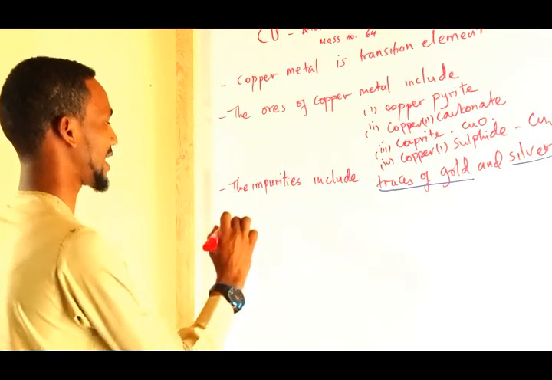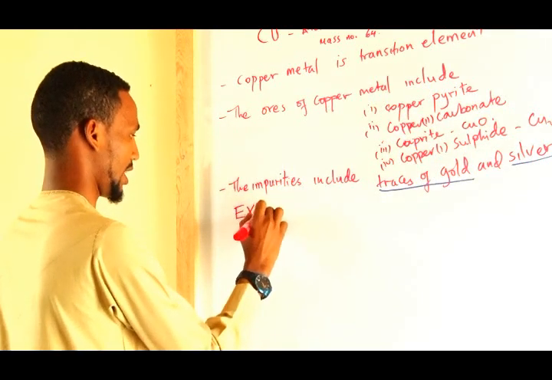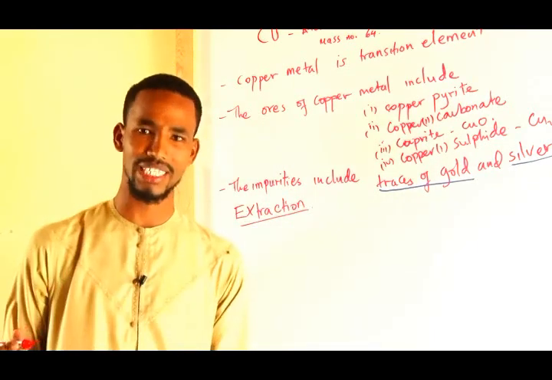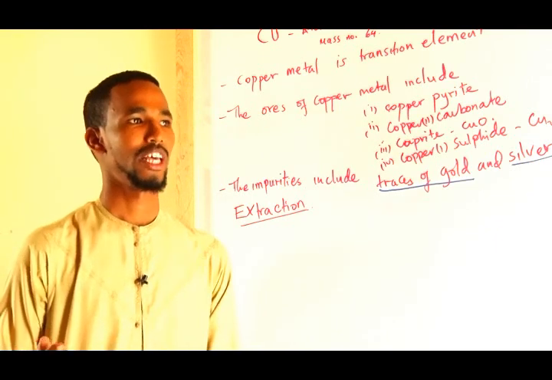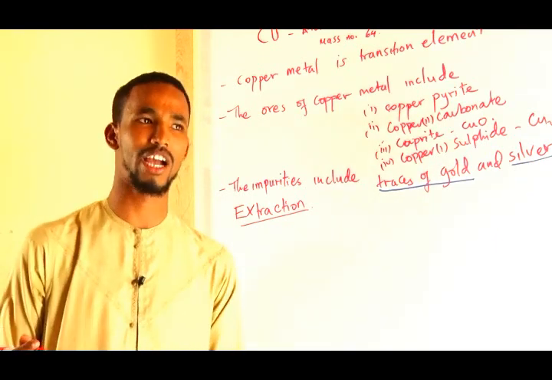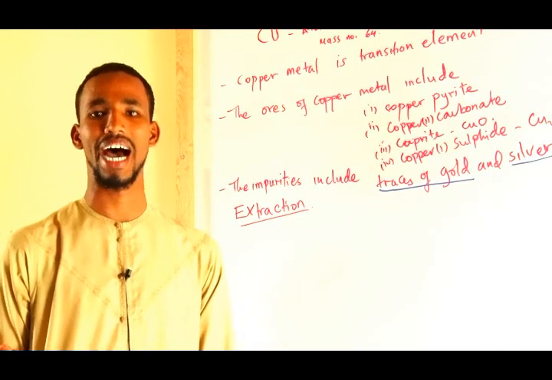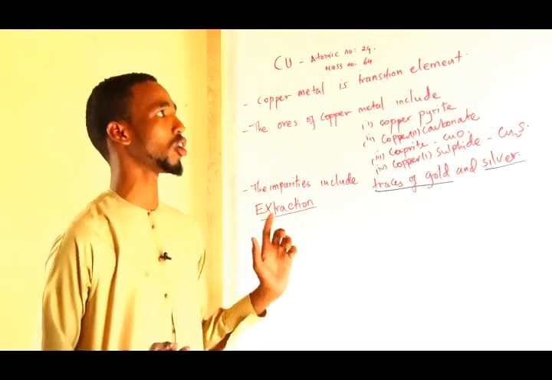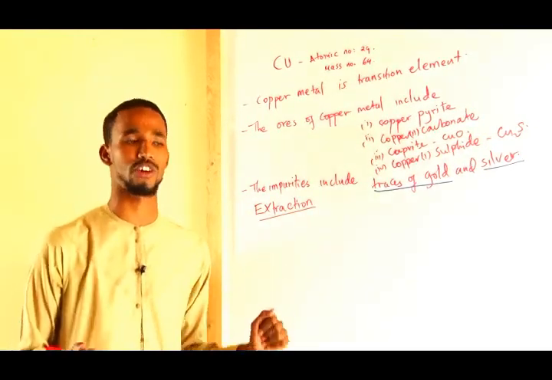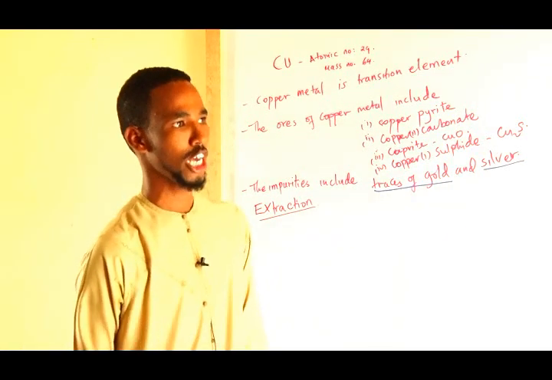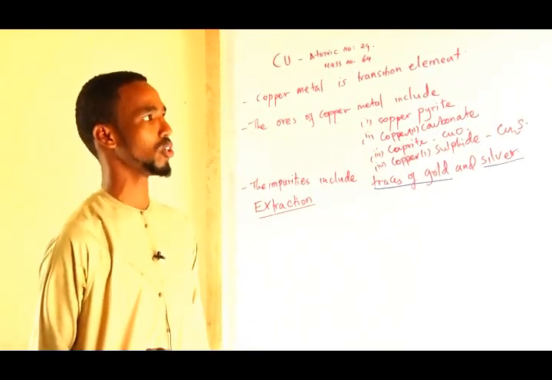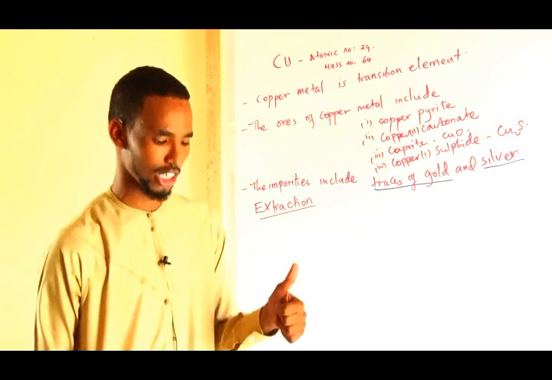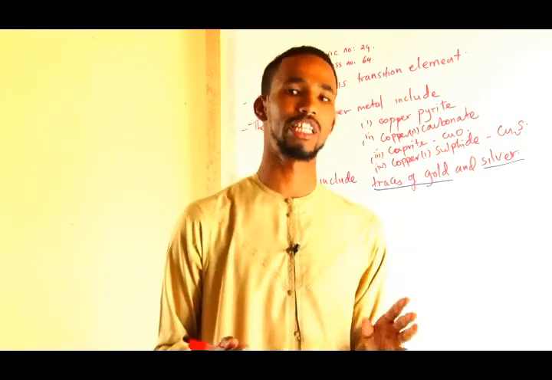So let's discuss the extraction method of copper. In our previous lesson, we said less reactive elements like copper are extracted by a reduction method. So today, for copper metal, we shall be using a reduction method, and as we finish the extraction, we shall also see the process called electrolysis. So it uses the reduction method and the electrolytic method.